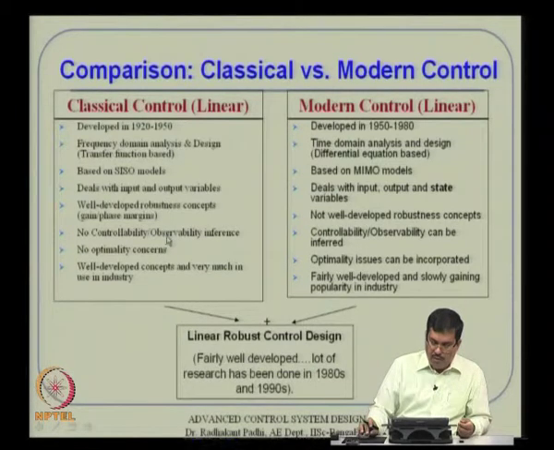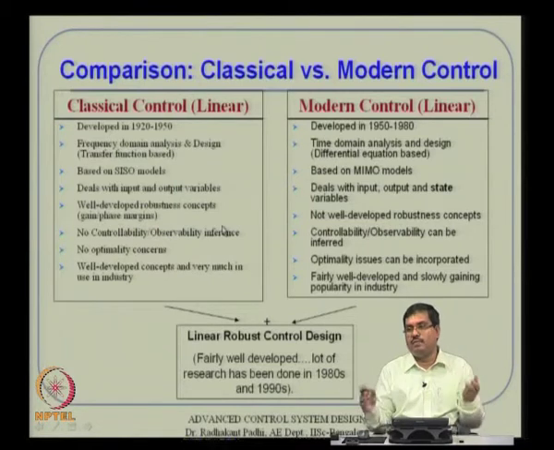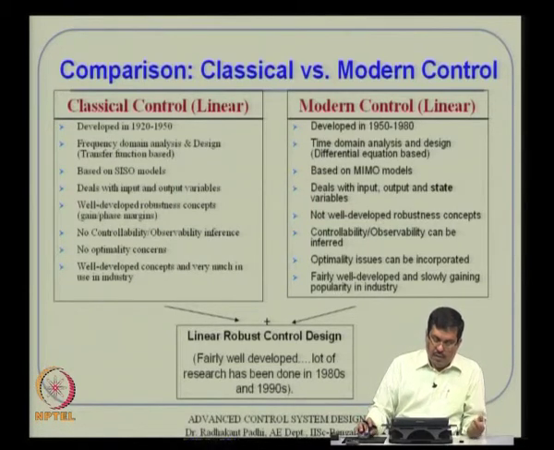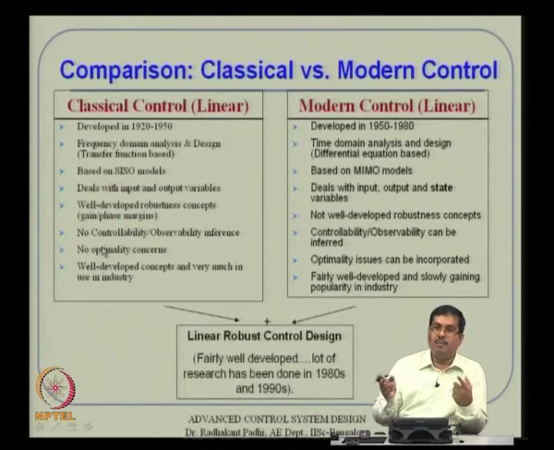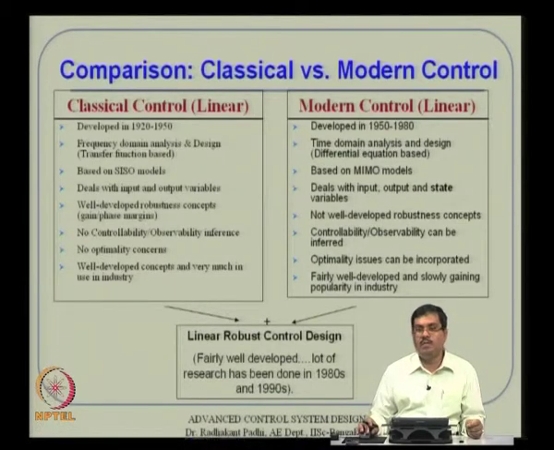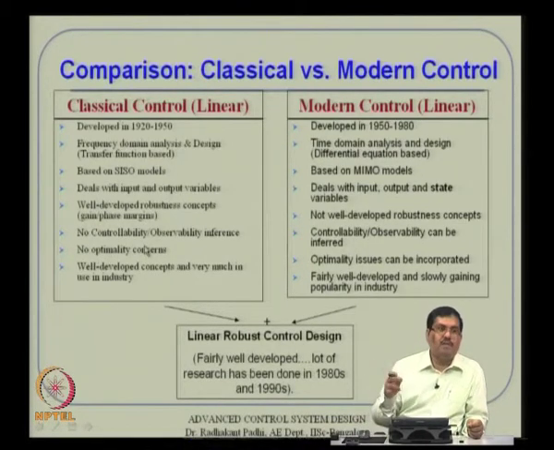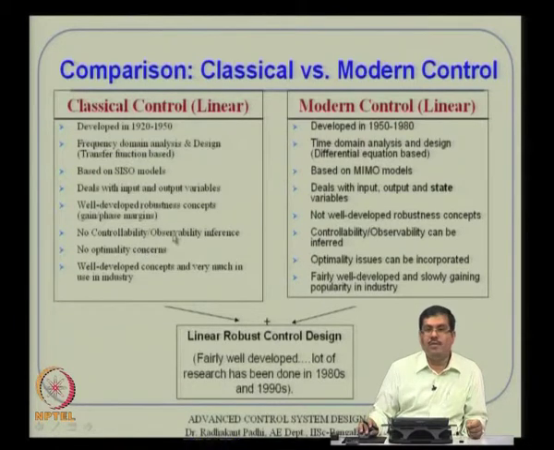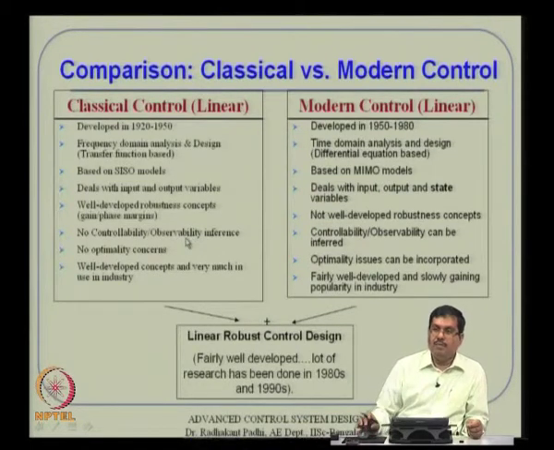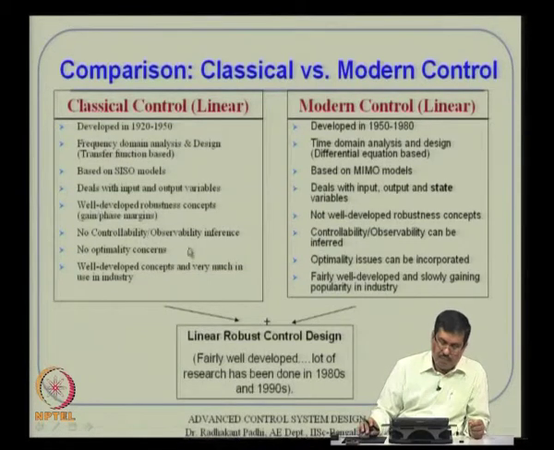But if you have a transfer function that completely describes the system, then you can create a MIMO model out of that. There are equivalent transformations available from transfer function to time domain and all that. Then the inference turns out to be that there should not be any pole zero cancellation, for both observability and controllability. So, these are inferences available in a loose sense, but not in a tight sense, they are not available here.